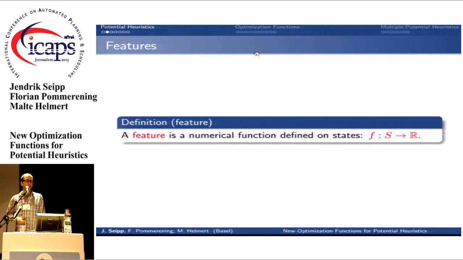What are these? They operate on numerical features which assign numerical values to state features. So for a given state, they return a numerical value, usually from the domain of the reals.